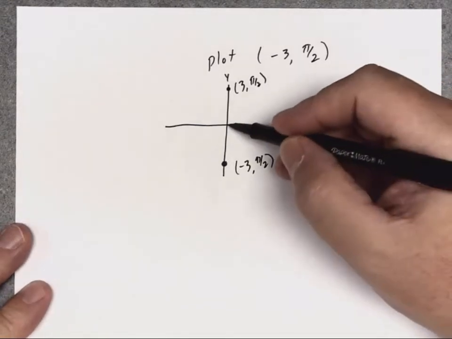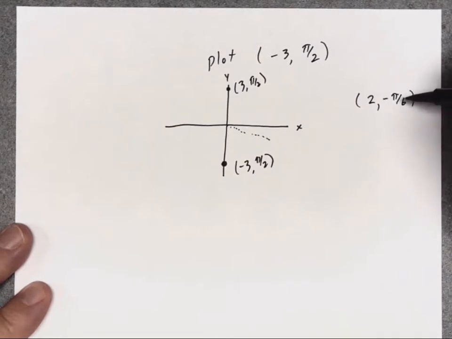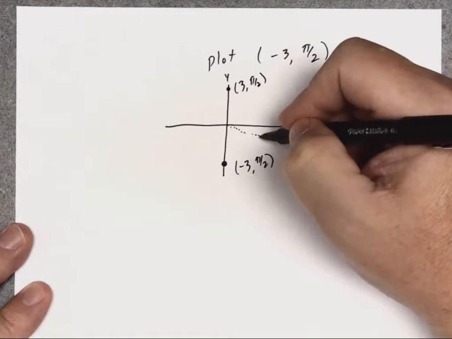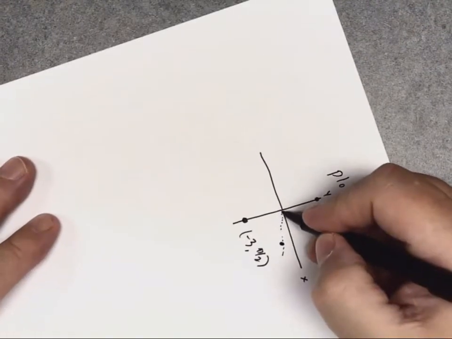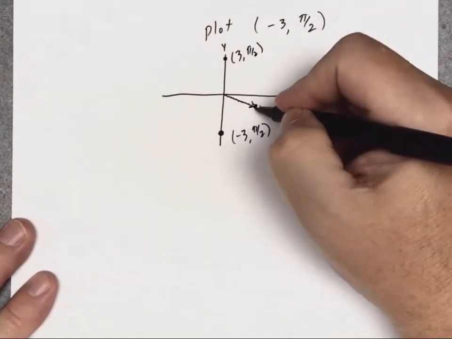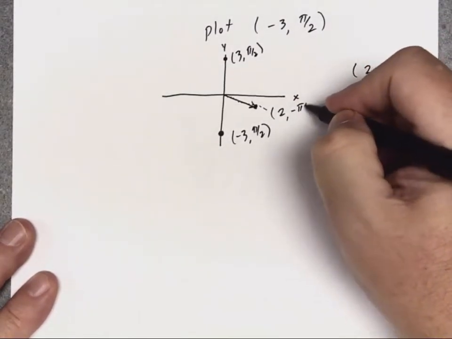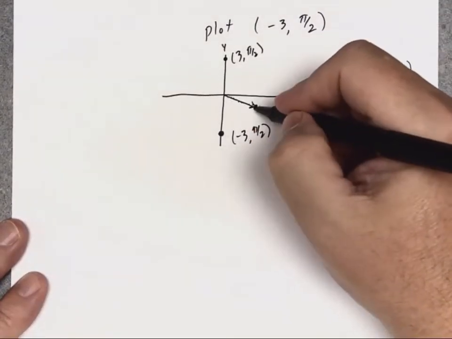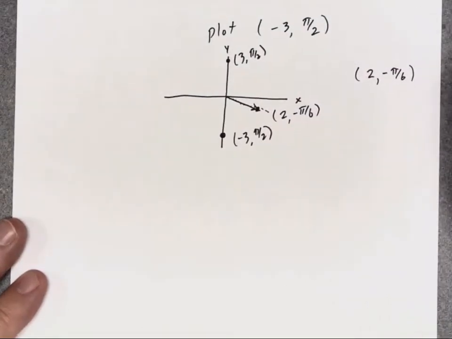So negative pi over 6 is sort of in here somewhere. And a distance of 2, so maybe I would go, who knows, right here. If I want to draw a line, it looks like a vector, but it's not. It's just a way to indicate this point here. And that point there is (2, -pi over 6). So this is a distance of 2, a length of 2, and the angle is negative pi over 6.